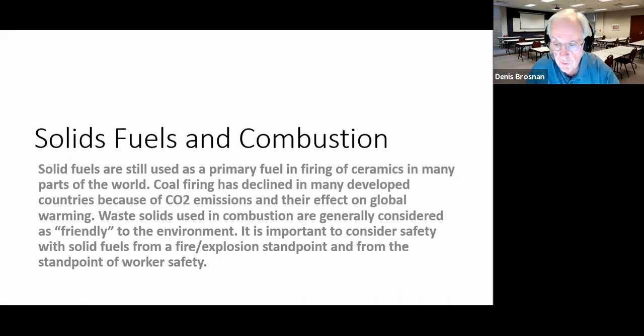Well, it's always important to consider safety, and we will again with solid fuels. We'll talk about fire and explosion potential of solid fuels. We'll talk about solid fuels from a standpoint of environmental impact and on worker safety, worker inhalation. So let's get started and talk about fuels a little bit.